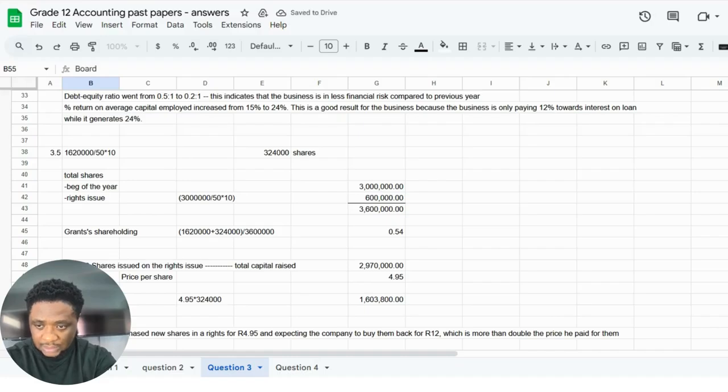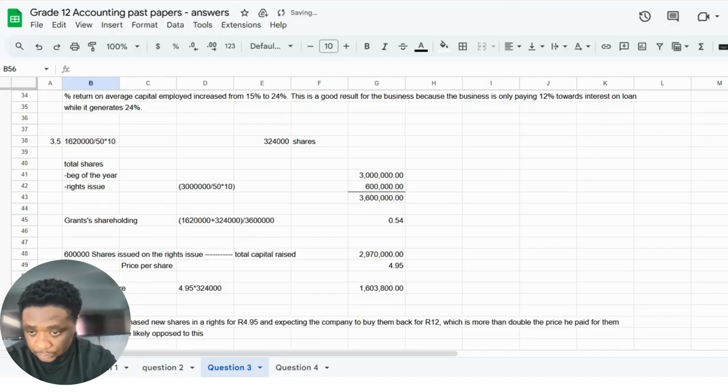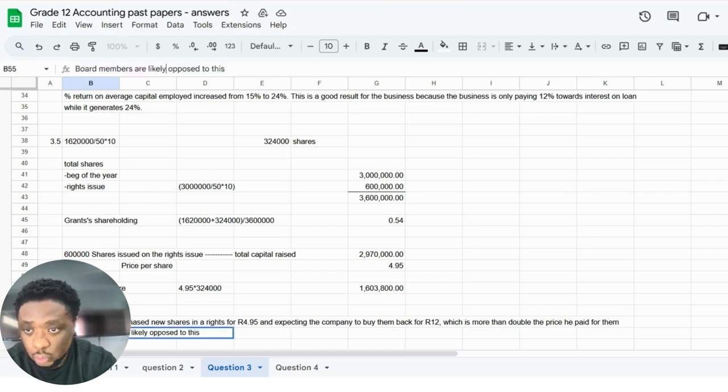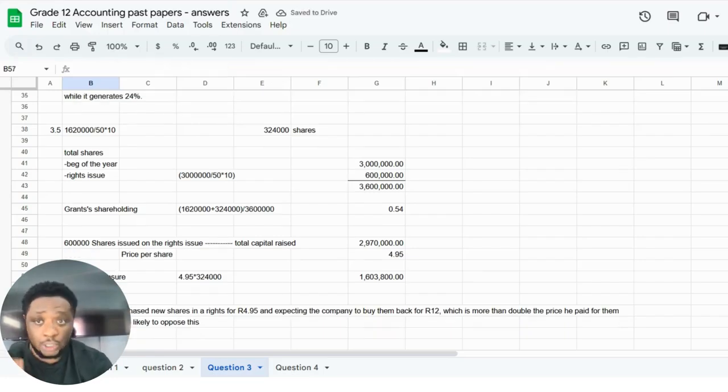Board members are likely to oppose this. So that's one point that I raised. Now that's one point, but the question said that they want 2 points.